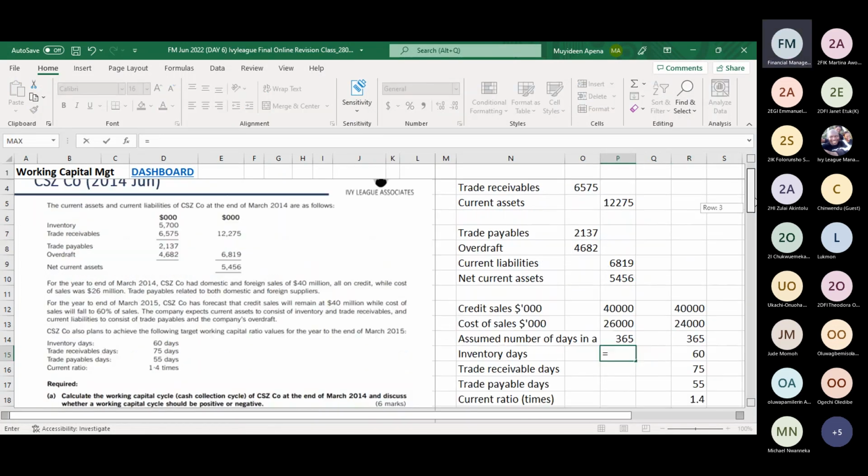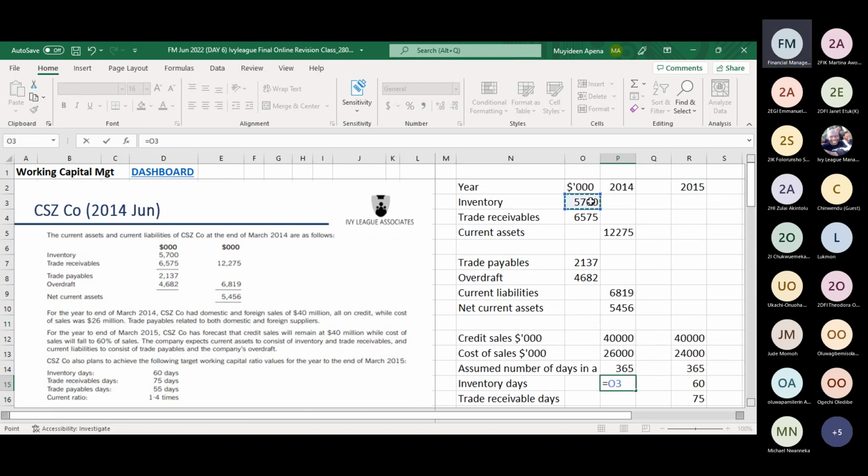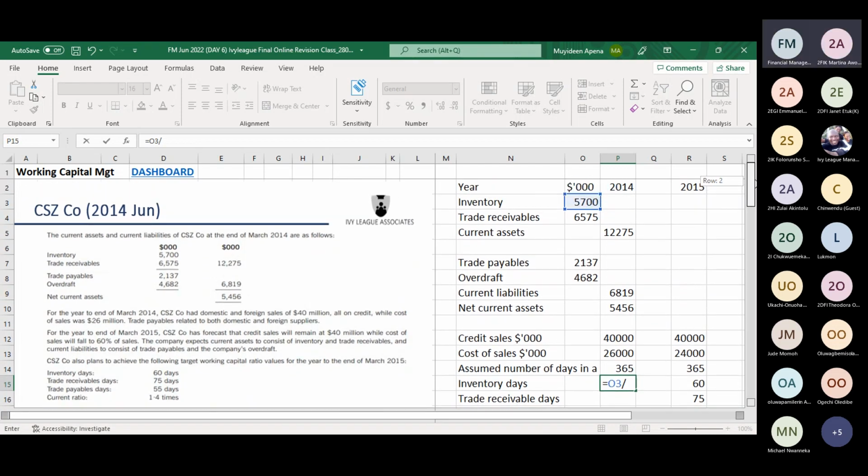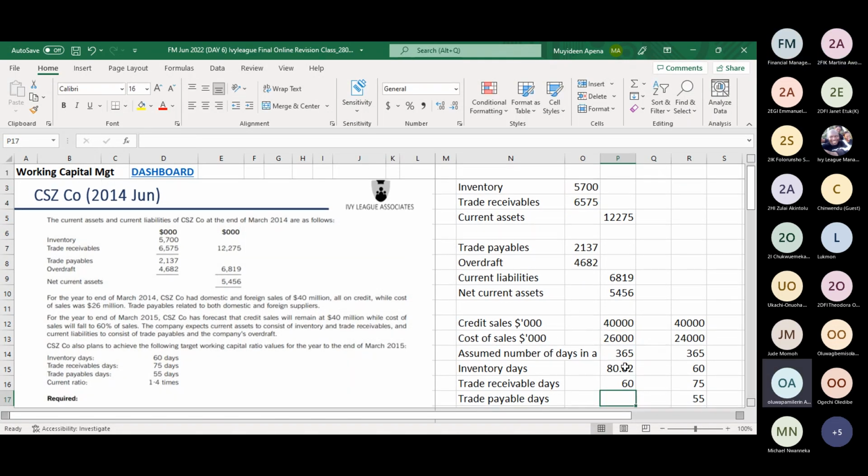So with that, let's calculate the inventory days. We have inventory balance for 2014 divided by what? Cost of sales, and then multiply by 365, the days. For receivable days, we take receivable balance, divide by credit sales, and then multiply by 365.